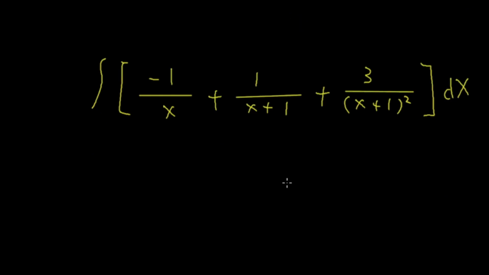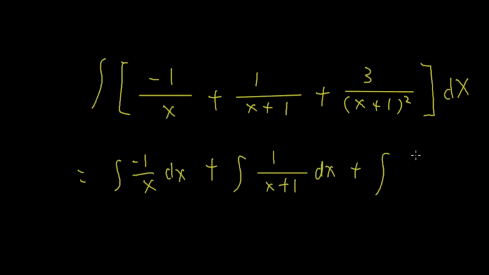Okay, what's the next step? We can integrate this individually. So that is integral of negative 1 over x dx plus integral of 1 over x plus 1 dx plus integral of 3 over x plus 1 all squared dx. We can do that.